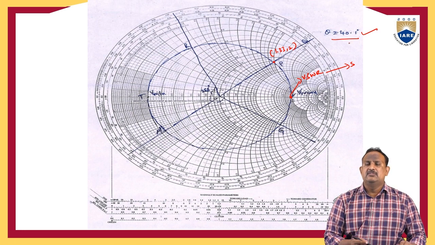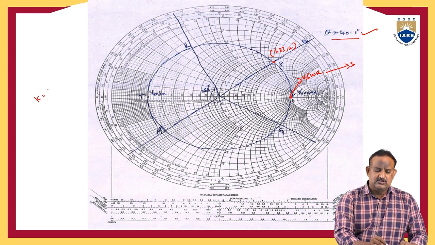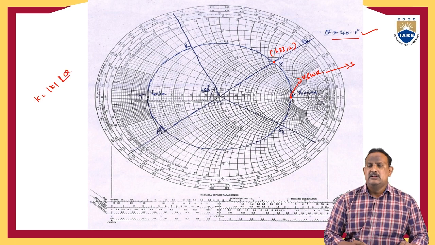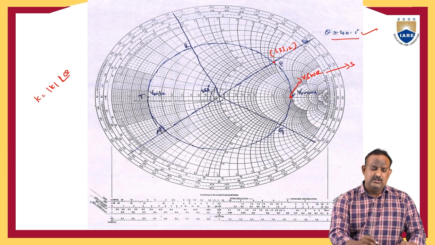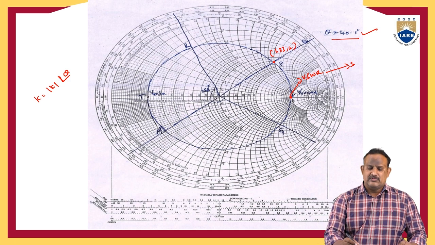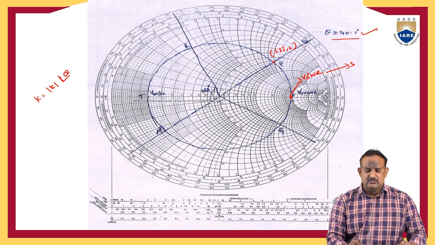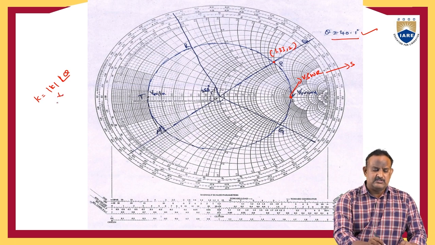From this, we can find the reflection coefficient. Here the reflection coefficient K is some magnitude with some angle. The angle is 40.1. Here we need to find the magnitude of the reflection coefficient, which we can find in two ways. First, measure the distance OP, and the same distance on the R circle will give the magnitude of the reflection coefficient.